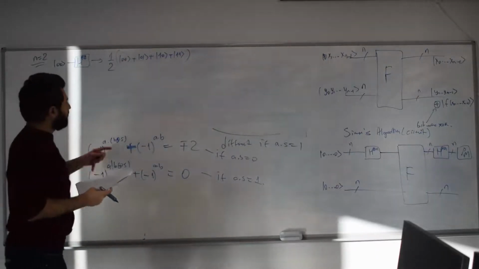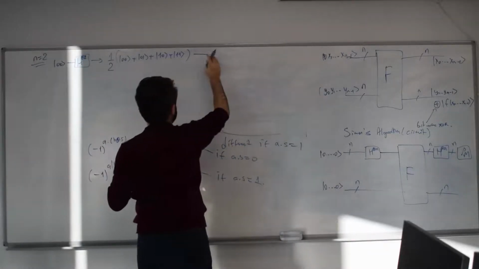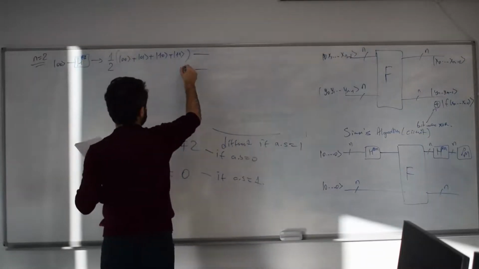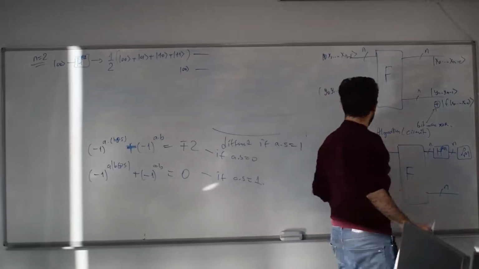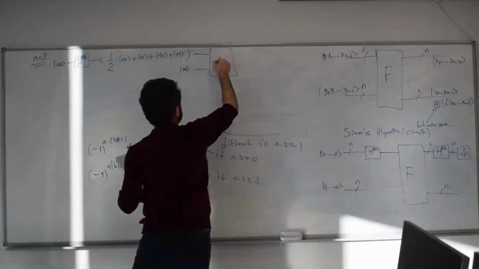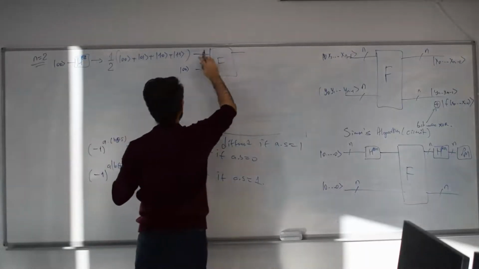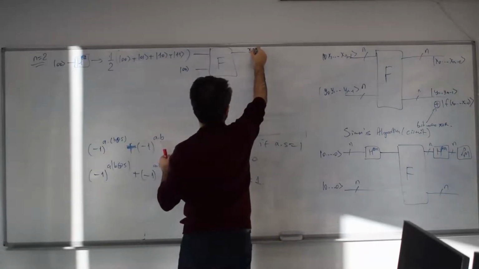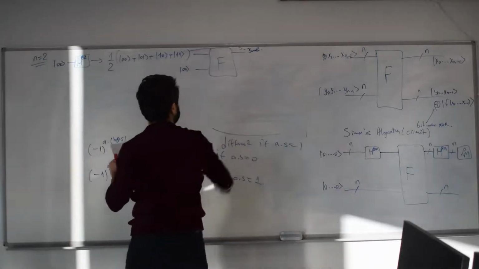Now, this output of the Hadamard is the input to the function, with also another 0, 0 for the y. So there are 4 qubits going into the function. The function output of x is going to be the same as x, so I don't want to write it again.